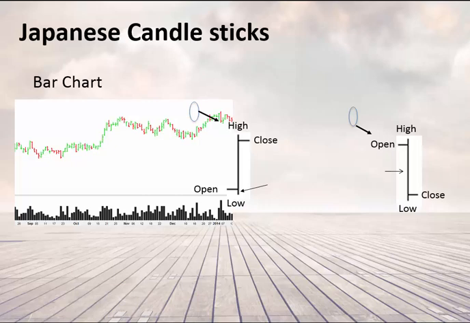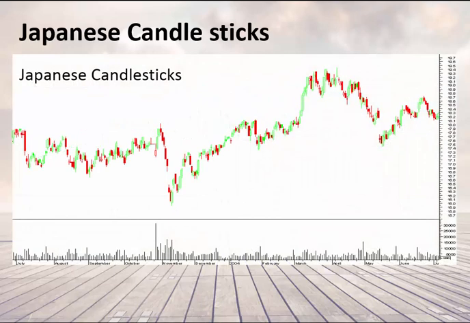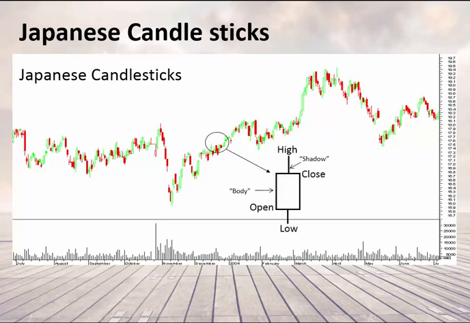So this probably makes a little bit more sense when we have a look at an actual candle as opposed to a bar. So let's have a look at Japanese candlesticks. Here you can see that the area between the open and the close when we're looking at a candlestick is actually enclosed, if you like.